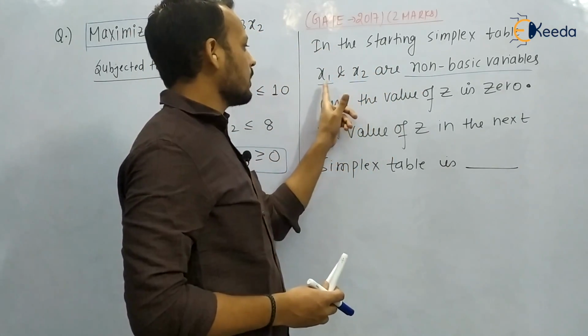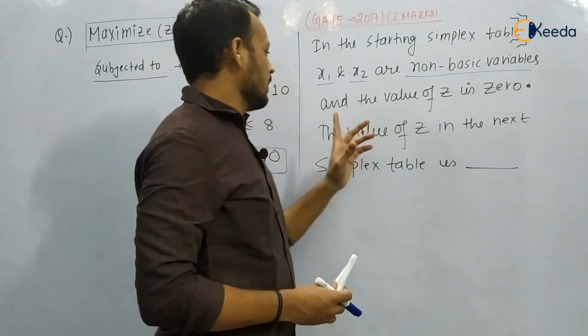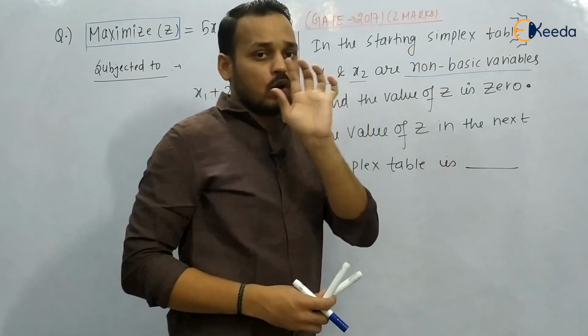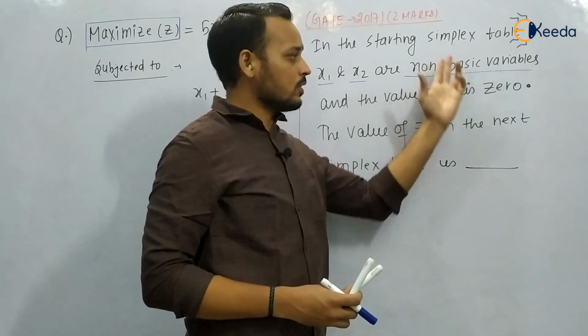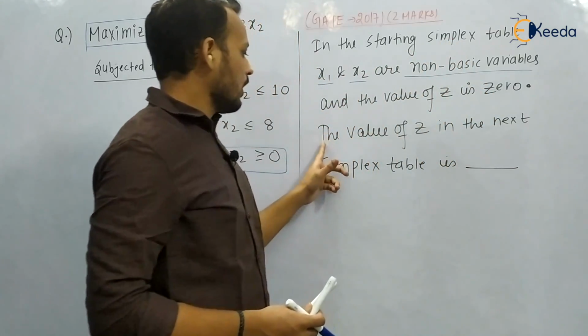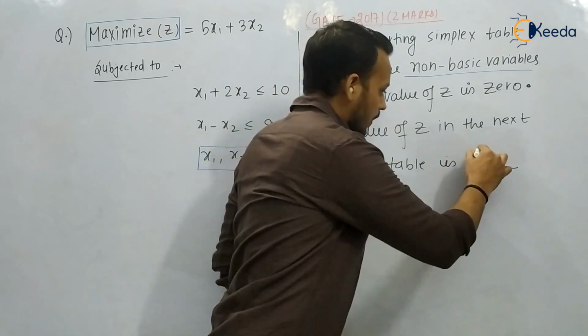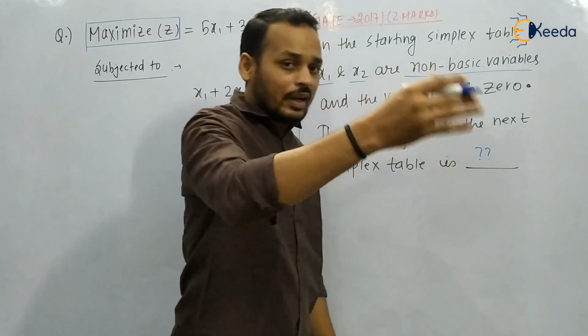The value of z is 0 in the first simplex table. They are asking the value of z in the next simplex table, that is, in the second iteration.